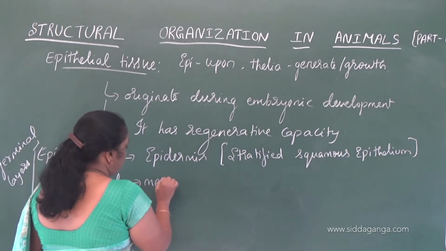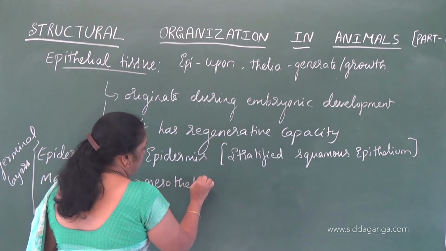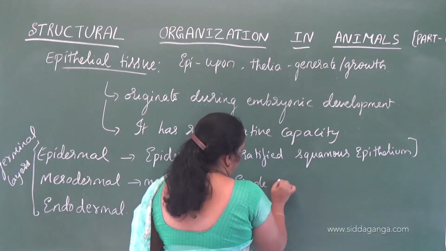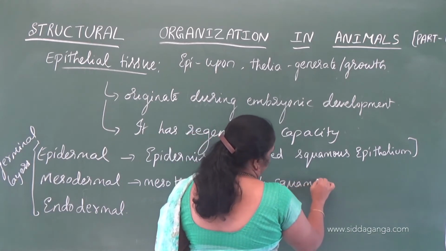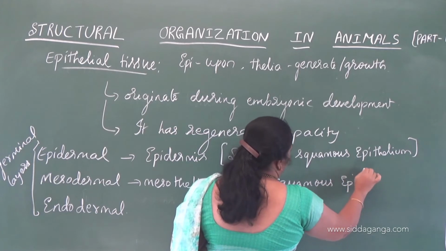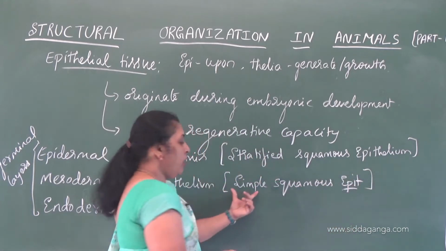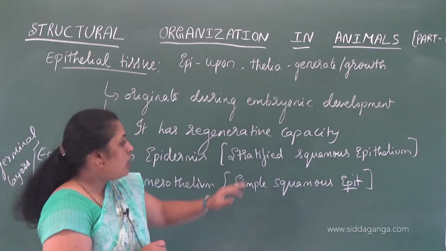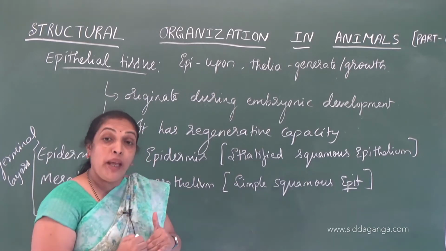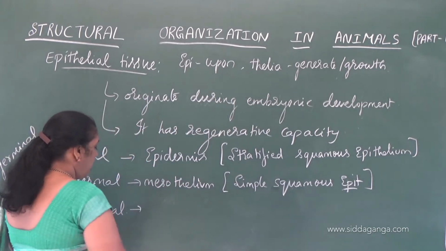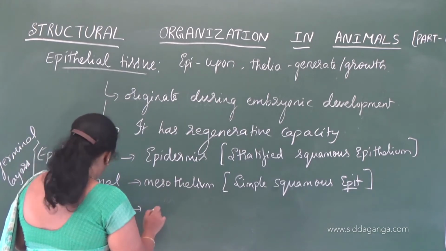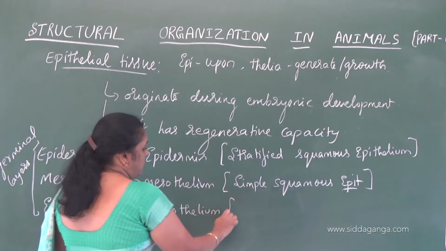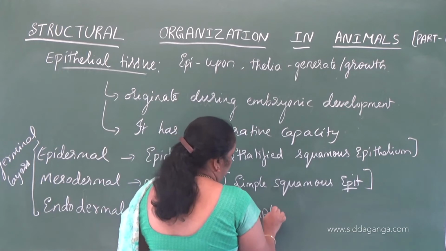From the mesodermal layer, we have mesothelium, that is simple squamous epithelium. Simple means when cells are arranged in a single layer. Stratified means cells are arranged in many layers. Then from the endodermal layer, we have endothelium, that is simple columnar epithelium seen in intestine.